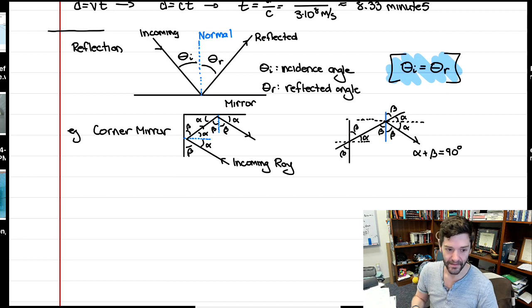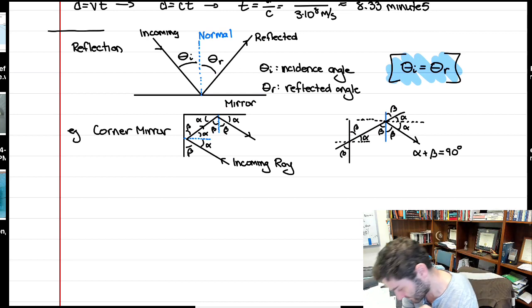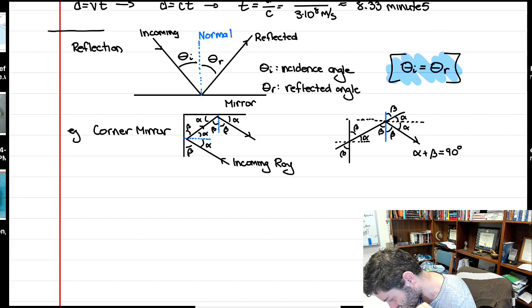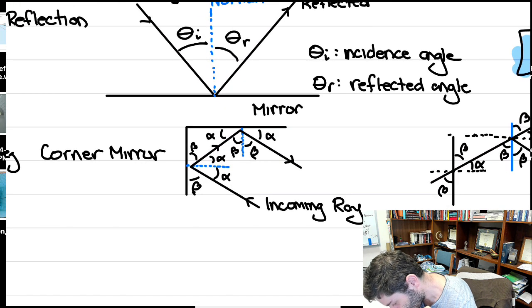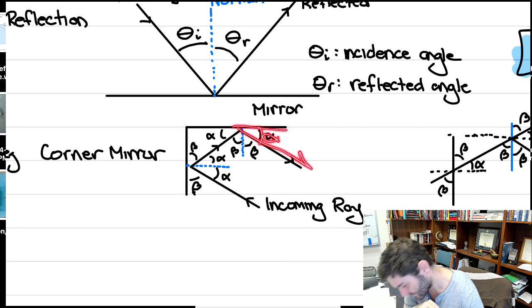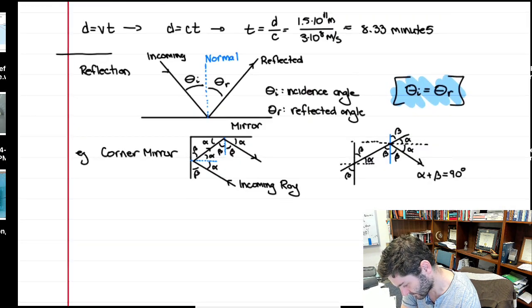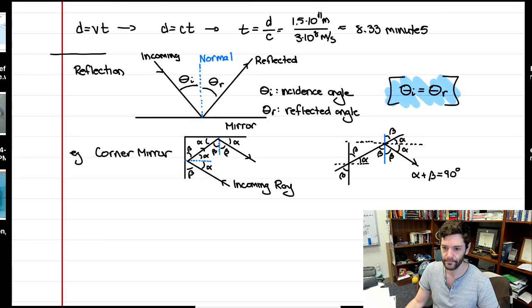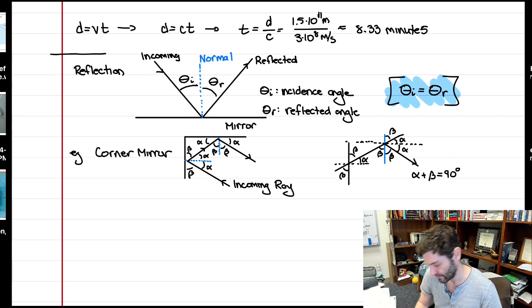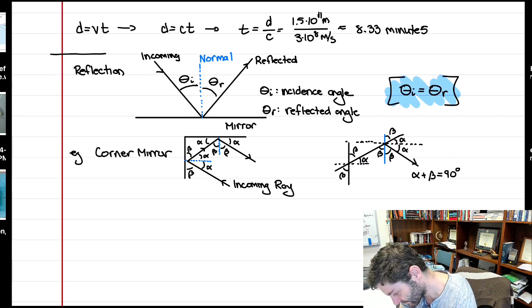So if it comes in at some angle alpha, notice it ends up bouncing back at some angle alpha. So, pretty cool, very simple.